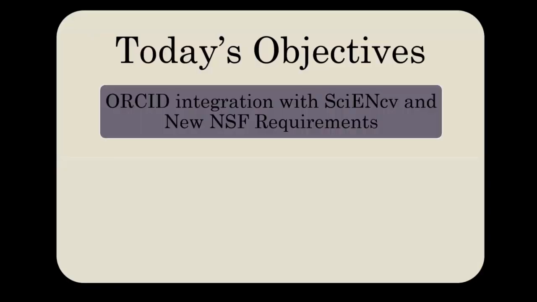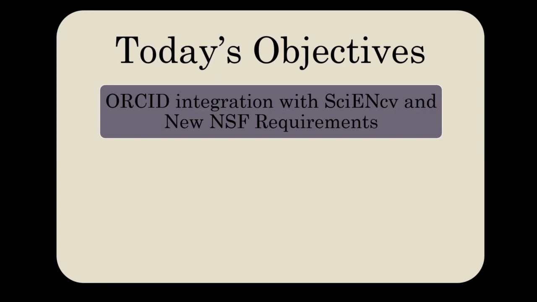So today, we know there were some new policies over the past year. ORCID is now being required for some trainees for NIH, and then also SciENcv is going to be one of the preferred methods for filling out a biosketch for NSF.